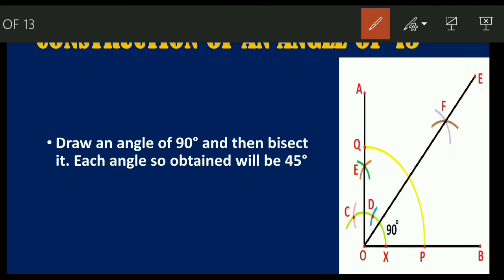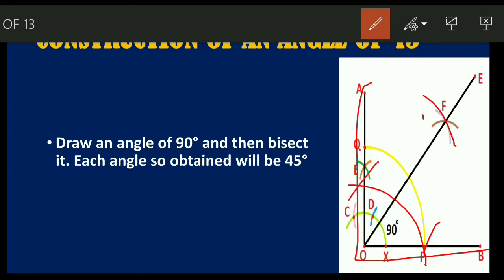Once more I am telling, first you draw 90 degree with your compass, and then you draw one arc, and where it is cutting OB, mark it as P and put your compass on P, and then cut one arc here, and again you put your compass on OA, that is D, and mark another arc, and where they intersect, mark that point as F, and then extend the line and join F. So that particular angle will become 45 degree.